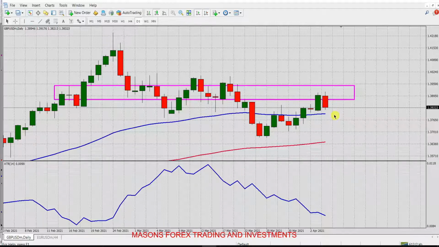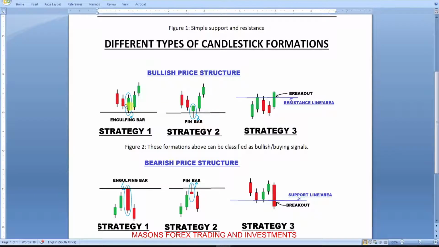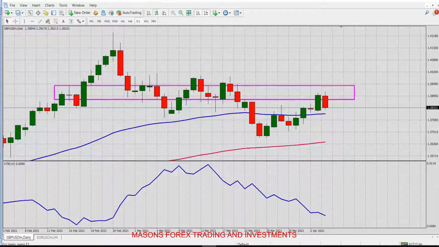Currently the price is 1.38323, and today is the 6th of April 2021. So in hindsight, if you view this chart, we don't have any strategies or signals or some sort of technique to enter. So I want to show you this technique.